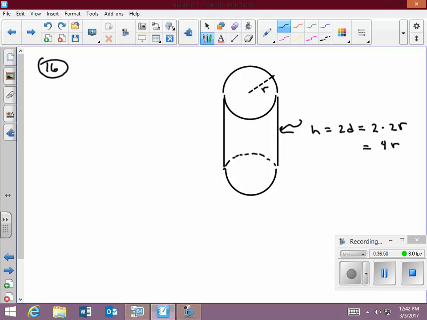So that 1200, which is the surface area, is 2 times pi r squared. That would be the ends, plus the circumference. So that's pi times the diameter, 2r, times the height.